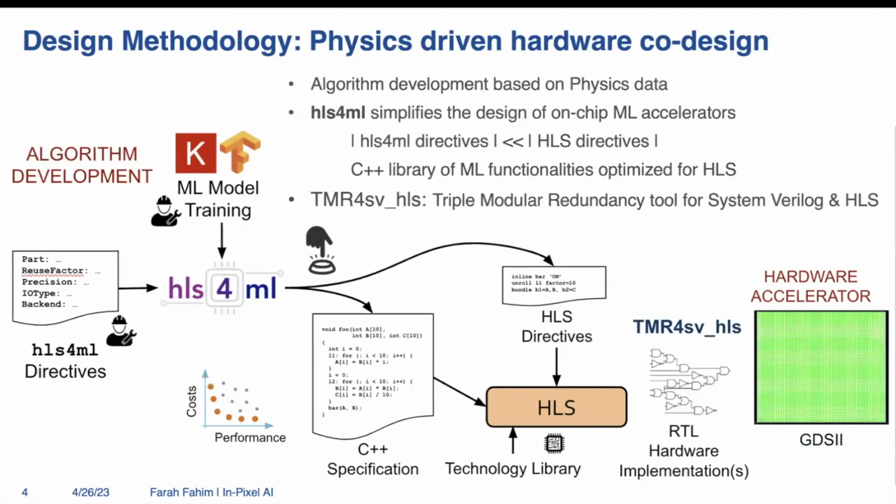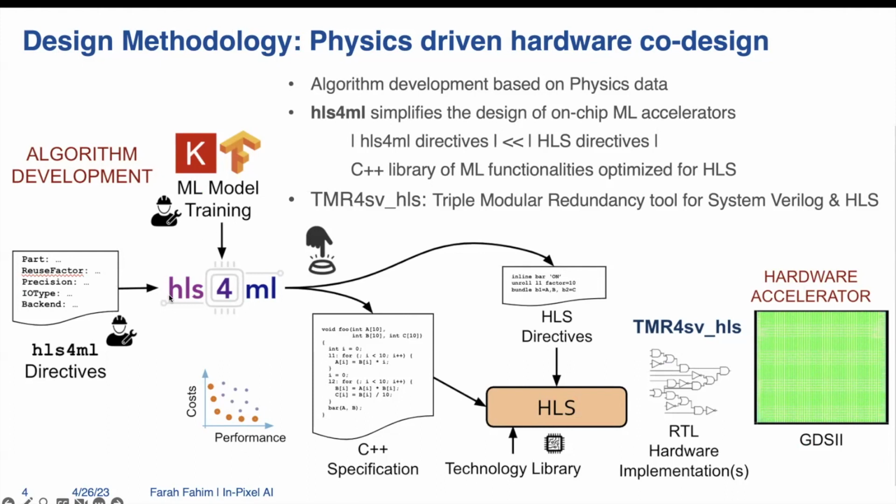Okay. In order for us to develop an AI algorithm and deploy this within the sensor, Fermilab has developed the HLS4ML framework, in collaboration with various other national labs and universities. And this is a silicon-proven method for going all the way from physics data, generating an AI algorithm, and then leading to a hardware accelerator.